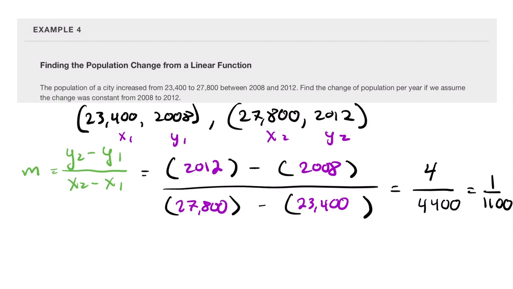Because the population should depend on the year, right? Whatever year it is, it tells us the population. I feel like I got these backwards, so let me switch these around real quick. I think this is supposed to be my Y value, like this, and the same thing over here.